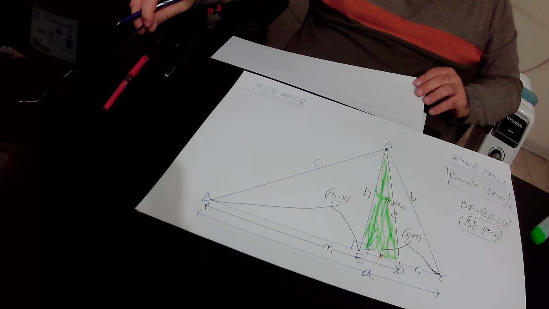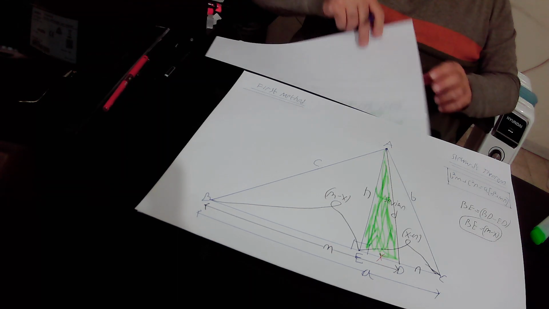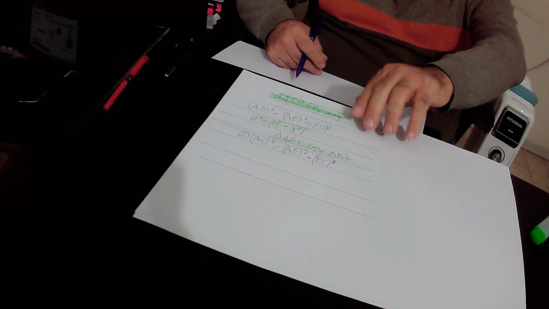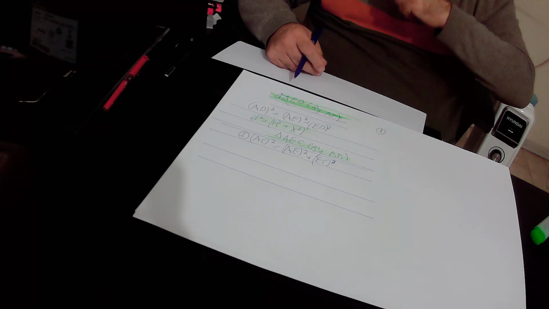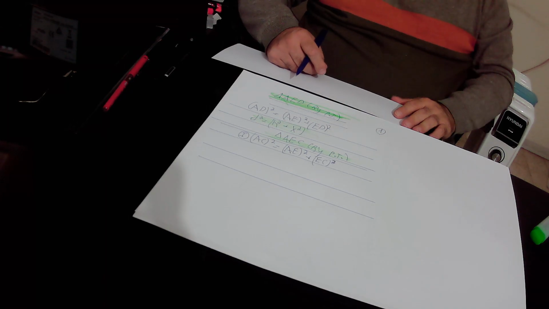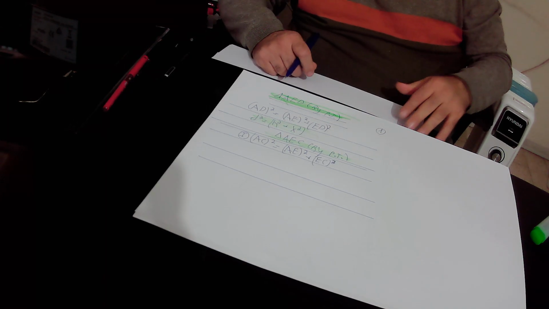So here we created equation number 1, according to the Pythagoras theorem in the right triangle AEC. AC squared equals AE squared plus EC squared.